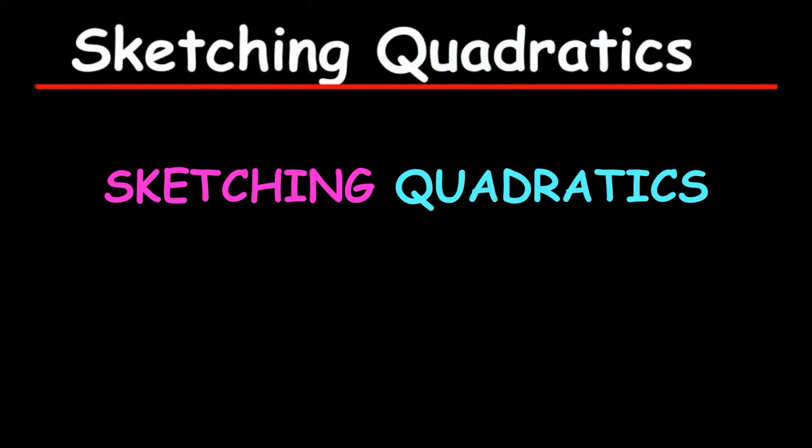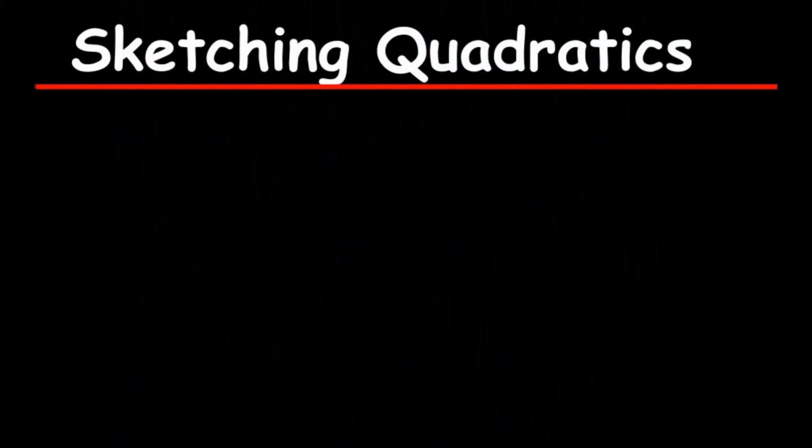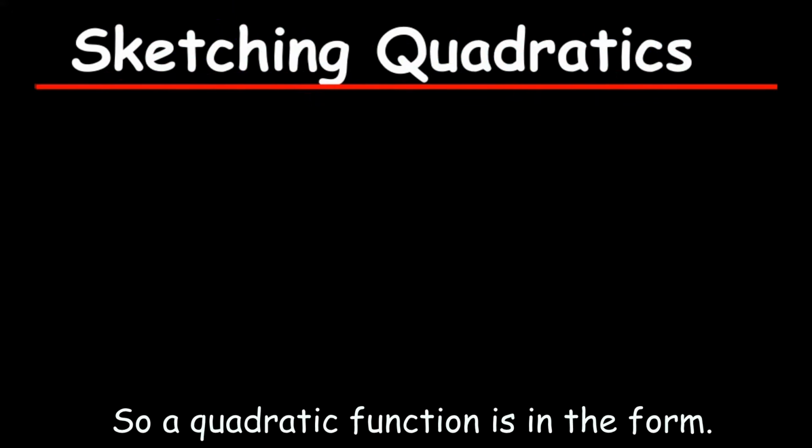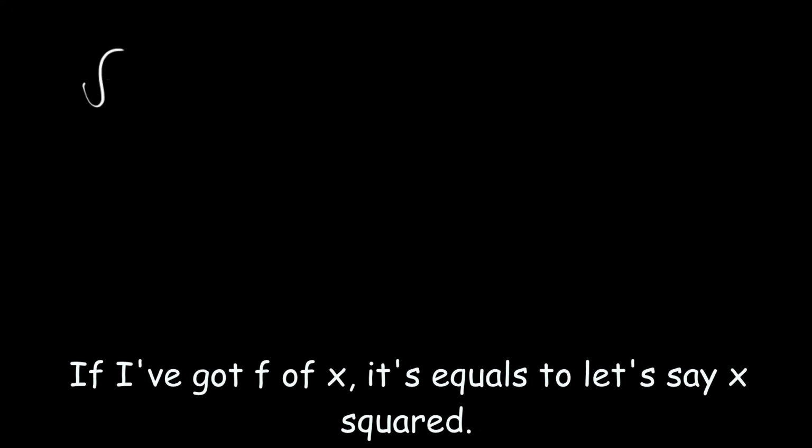Then how do we sketch quadratic functions? So like we said, we're also going to show how we solve quadratic equations. So a quadratic function is in the form, we know that it's ax squared, okay? Now let's say we are sketching, if I've got f of x equals x squared, how am I going to solve this one?